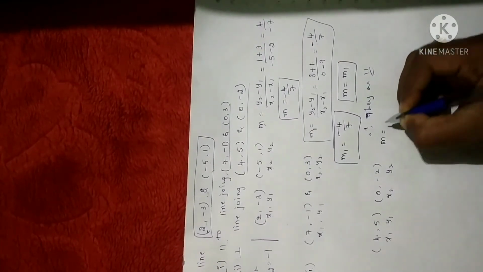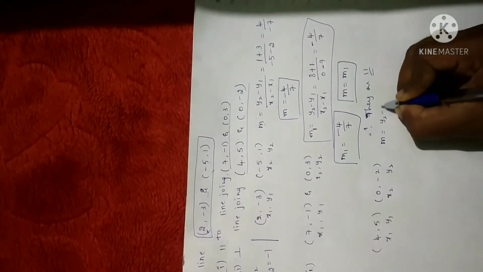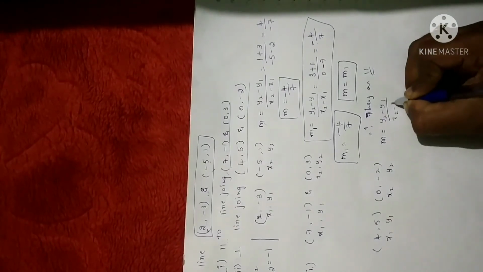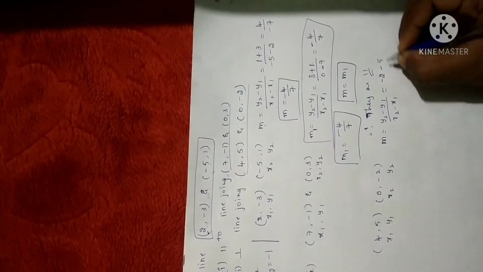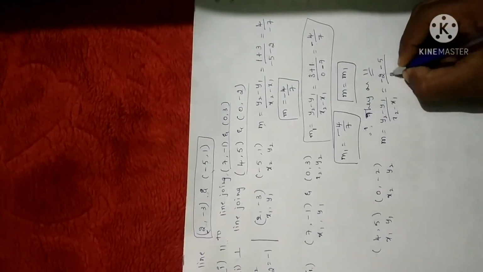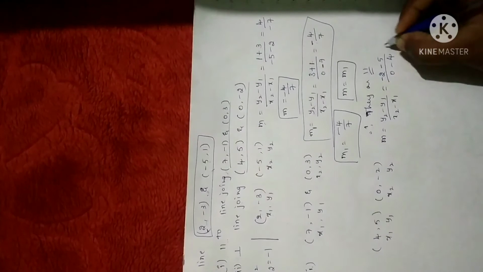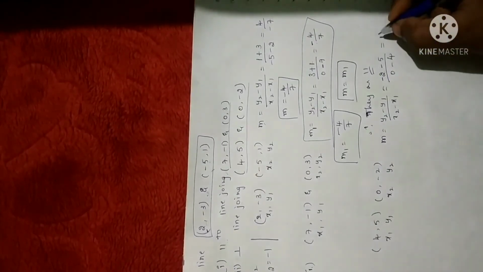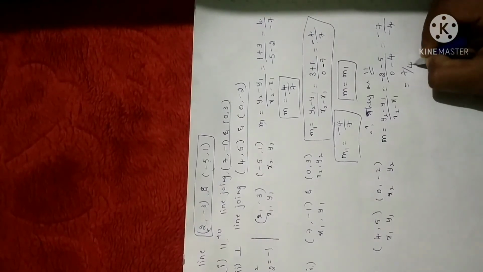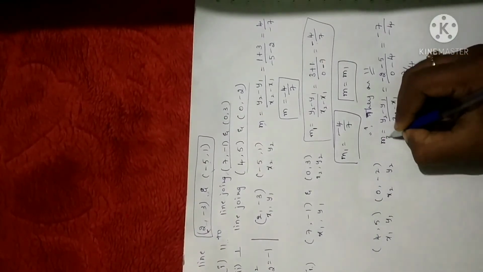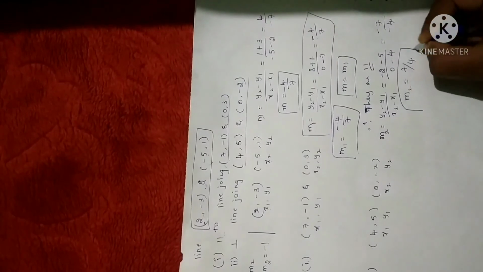So you substitute in the formula, you will get y2 minus y1 divided by x2 minus x1. y2 is minus 2 minus y1 is 5. x2 is 0 minus x1 is 4. Minus 2 minus 5 is minus 7 divided by minus 4. So it is 7 by 4. Let me take this slope as m2.